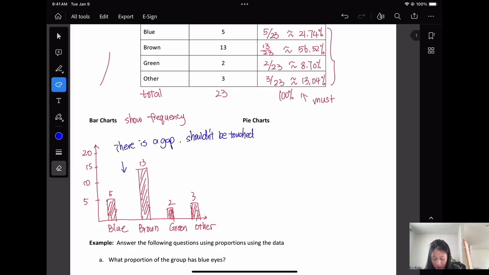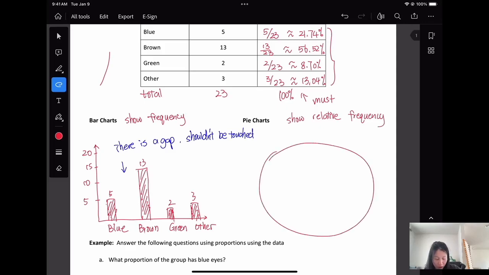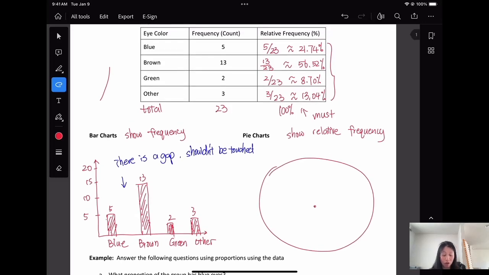Okay, now the second is the pie chart. We know that the bar chart shows you the frequencies. The pie chart shows the relative frequencies. So we start with a circle, and then we separate it. Since it's relative frequencies, we need to know the percentages. Earlier, we already calculated the percentage, such as for the blue eyes, 21.74%.